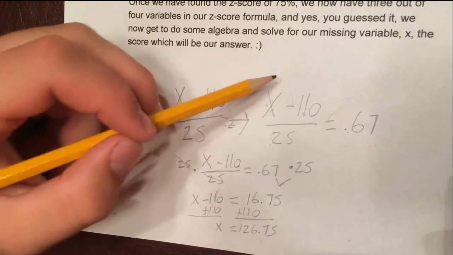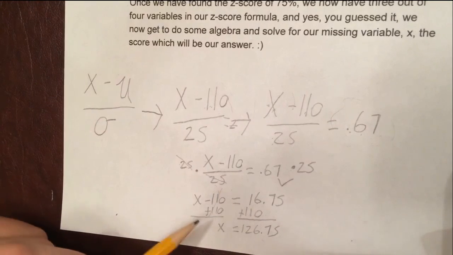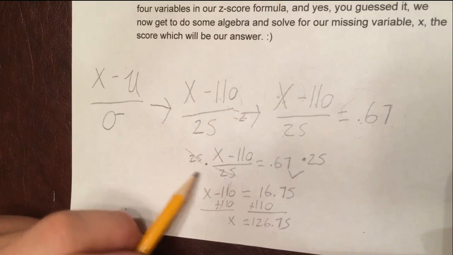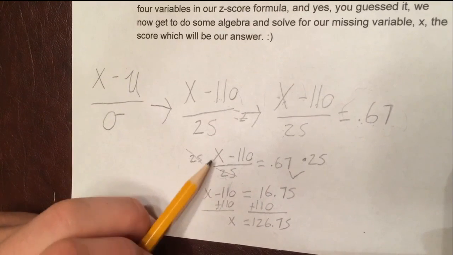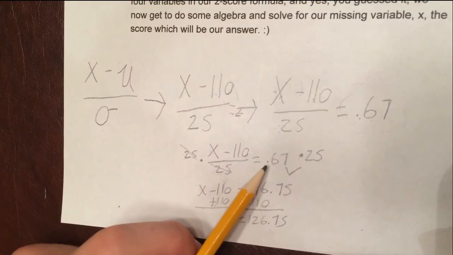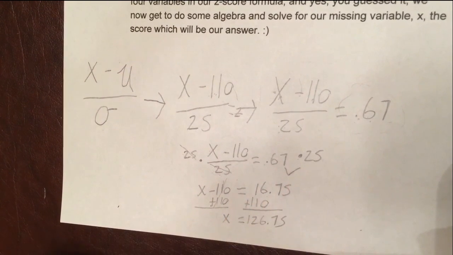So we can bring this chunk down here, and first things first, we will times both sides by 25 to get this 25 out of the denominator to try to get this x alone, and these 25s cancel out, and our 0.67 times our 25 gives us our 16.75.